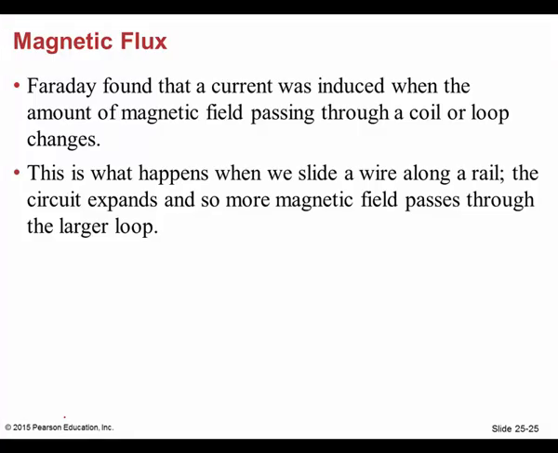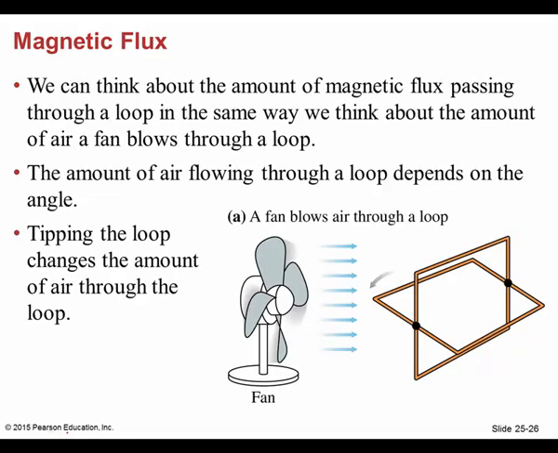All right, magnetic flux. He found that current was induced when the amount of magnetic field passing through a loop of coil changes. Well, that's one way we can produce flux. But what about another way? If you change the area through which the field passes, then you can create more flux or less flux.